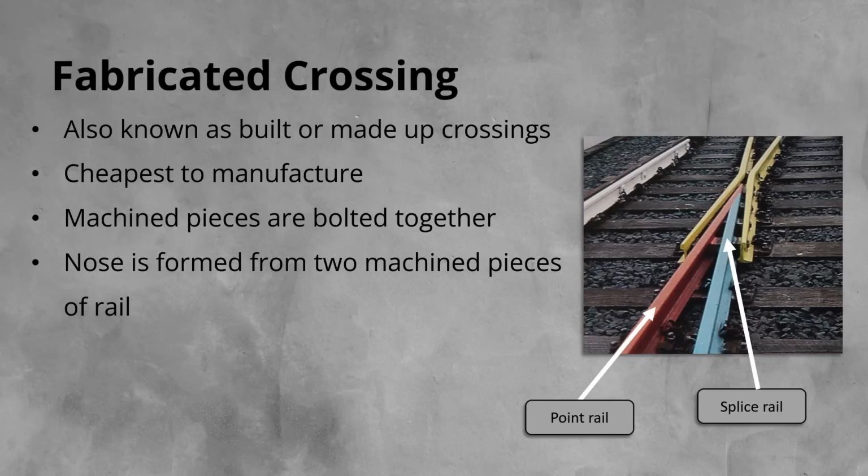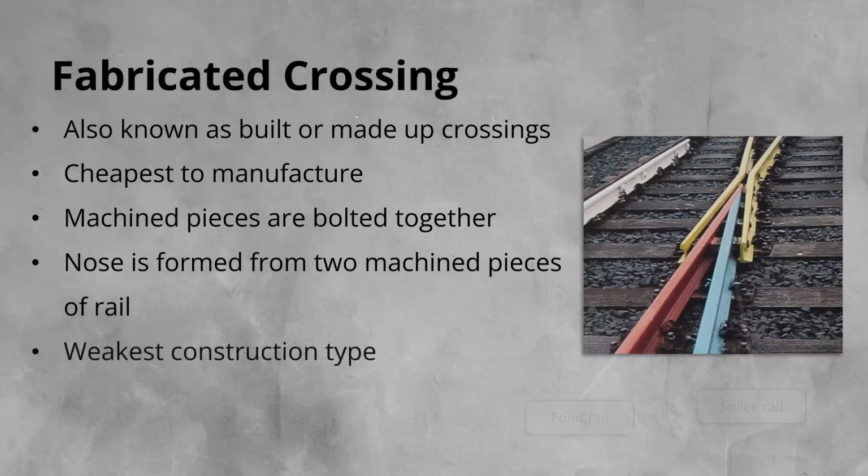You can see the join on the crossing. Damage to the crossing in this area can be hard to weld repair because of the joint between the 2 rails. Whilst built-up crossings are cheaper and quicker to make, they are also significantly weaker due to the number of parts, the holes drilled to connect them, and the fastenings used. This can lead to faster deterioration compared to other crossing types, as well as limits on where they can be used.